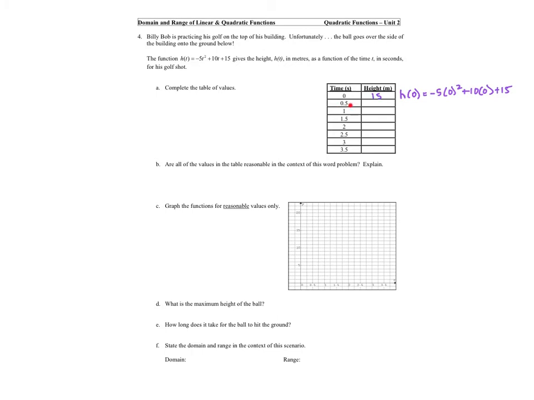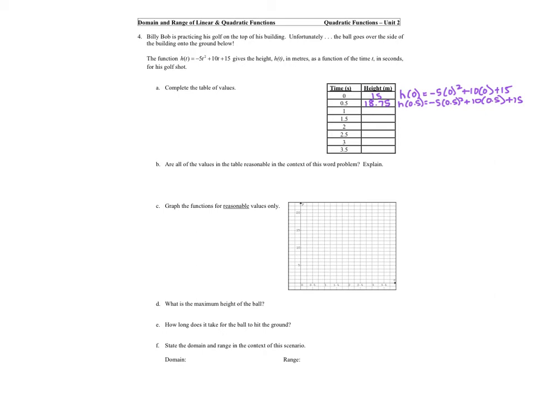Now, to find the height at 0.5 seconds, we're going to substitute 0.5 in for the time. So the height at 0.5 seconds is -5 times 0.5 squared plus 10 times 0.5 plus 15. And that is equal to 18.75.